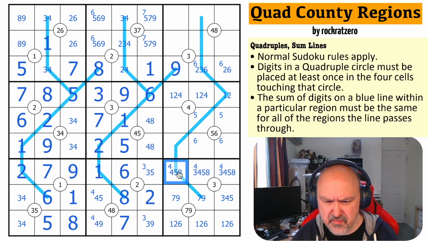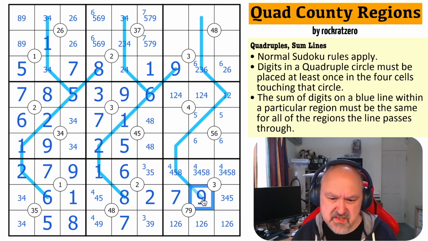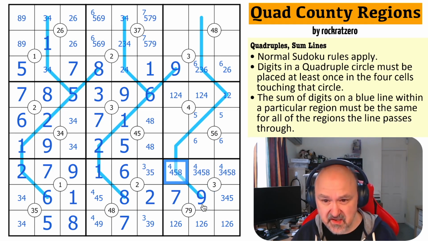And that can't be a 3. So this is 7, 9, 4, 5, 8. Oh, this 9 makes this 7, so this is 9 on the line. So the sum of this line is 13, 14, or 17.